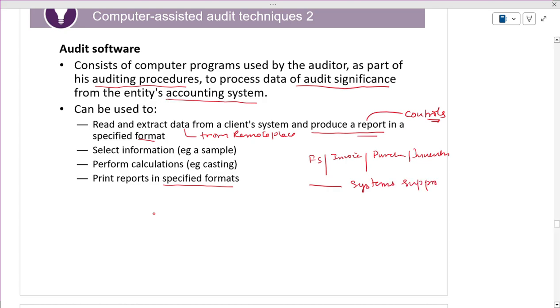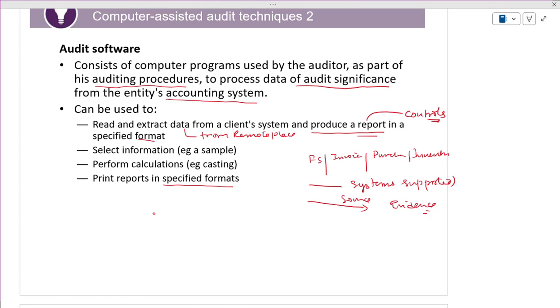Now, when you have the system supported, what we are doing is linking the source to know the evidence. That's all. It's more simple. The moment you work in any audit firm, they will give you training.